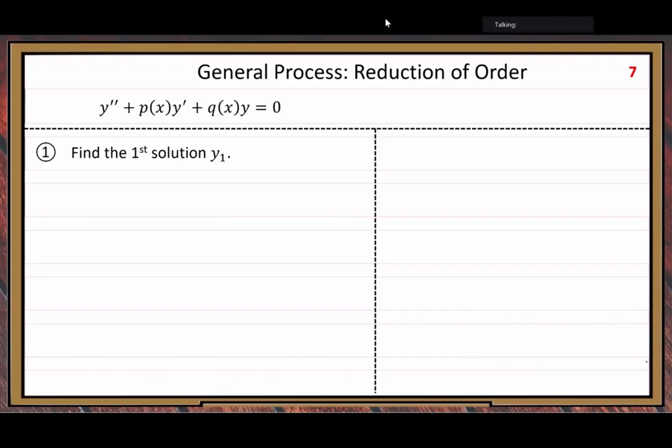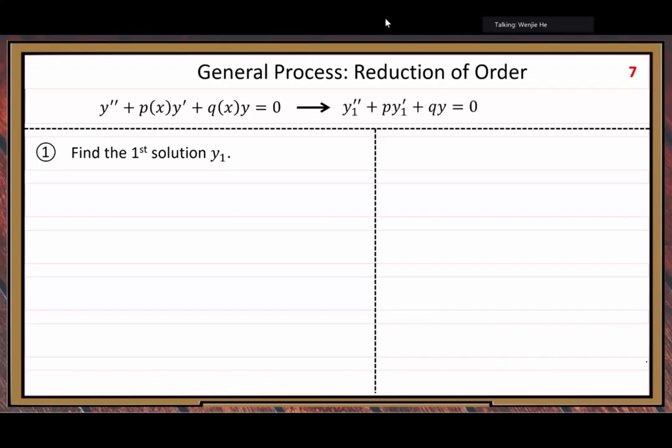So for finding the first solution, you need some technique. Guessing most of the time you cannot make it. So in the first step, we need to apply some technique to find y1.